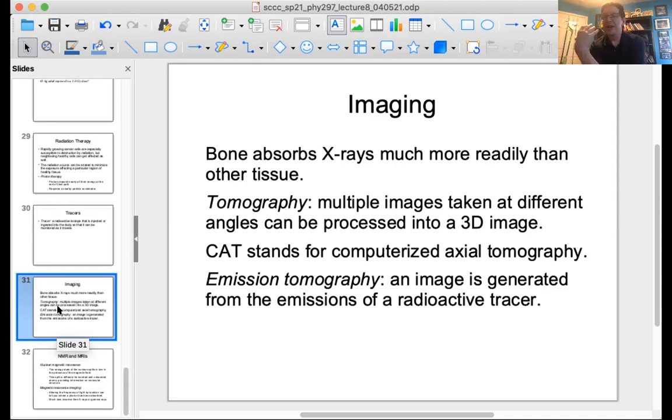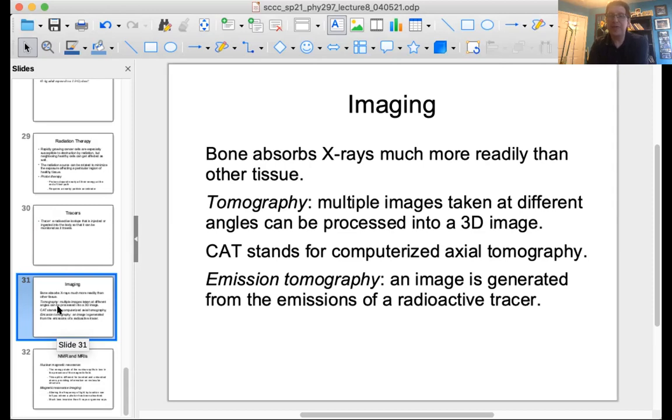So again, you have a rotating beam that's moving around looking at the same location from different angles, using radiation. Because you're getting different images at different angles, the computer can process it into a 3D image, so you see structure and detail to much more depth than you could with just one two-dimensional picture.